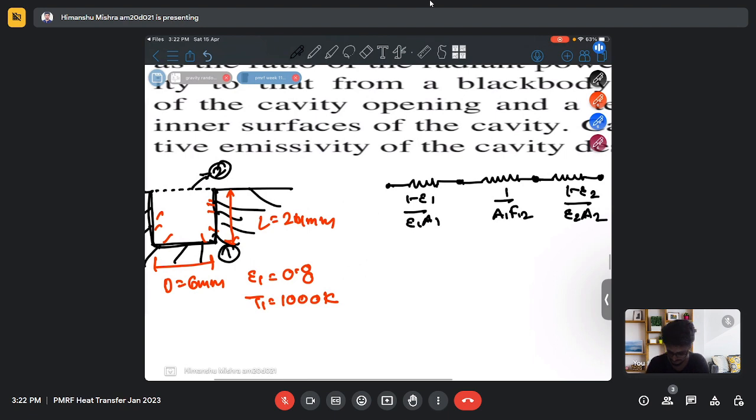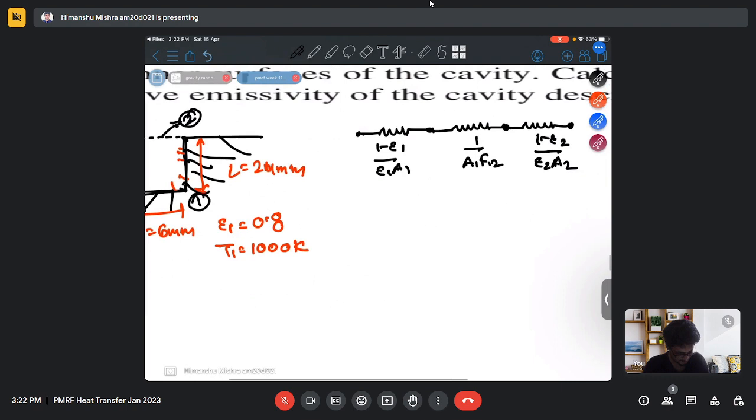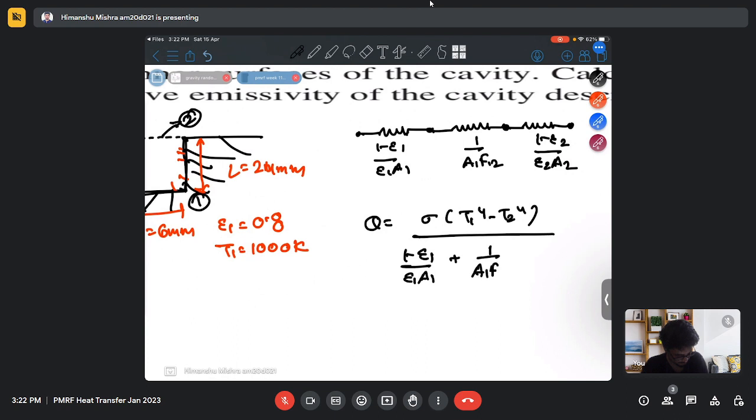So my heat transfer will be the same as in the previous question.